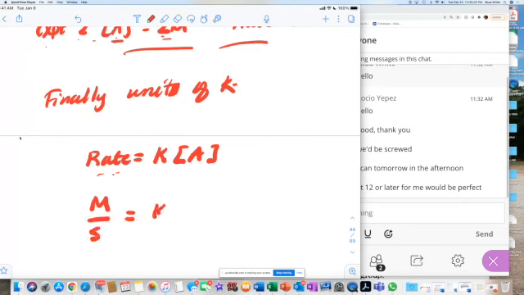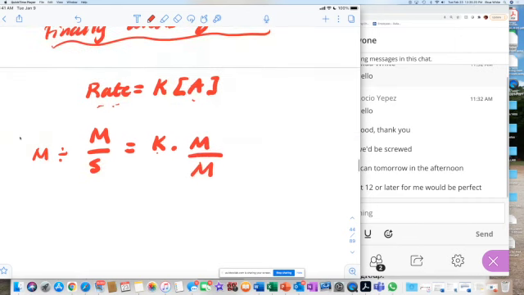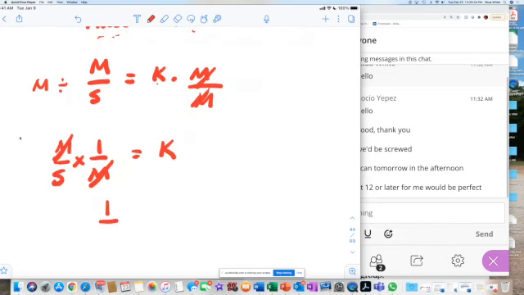We're trying to solve for K. Since A is a concentration, it has a unit of M. So divide by M. What we end up having here is K is equal to M over s, times 1 over M, using the multiplying to divide rule. So this and this cancel out, and we end up with 1 over s being the unit for K.